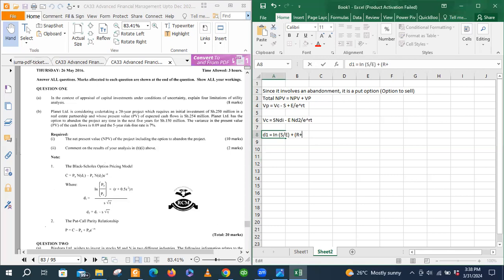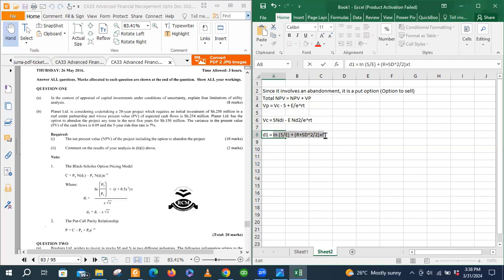Let me call it SD squared divided by 2. I think when I divide by 2 is like I'm doing 0.5 of SD squared, right? Yes, yes. Then that one I multiply by the time.